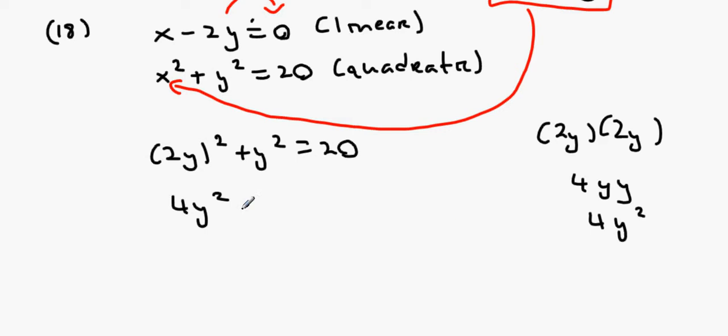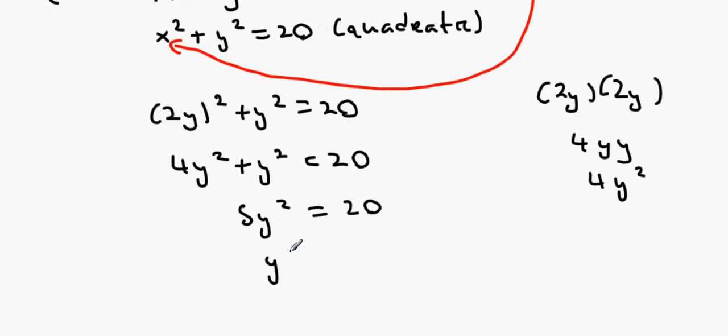Then 4y squared plus y squared equals 20. Now we add them together, we get 5y squared equals 20. Divide both sides by 5, so y squared equals 20 over 5.